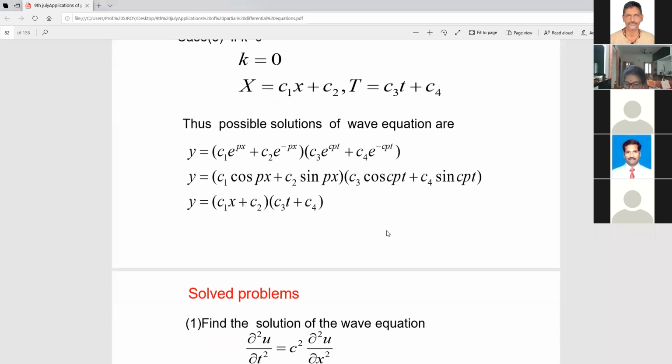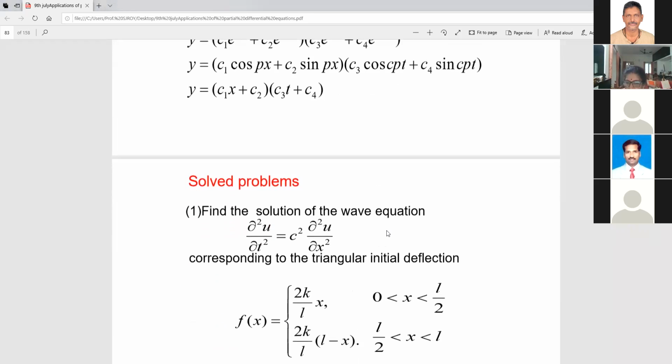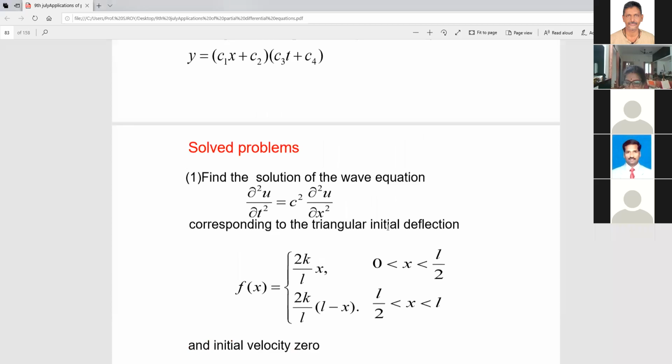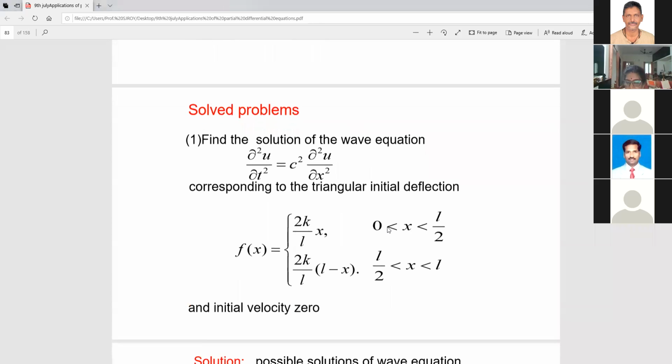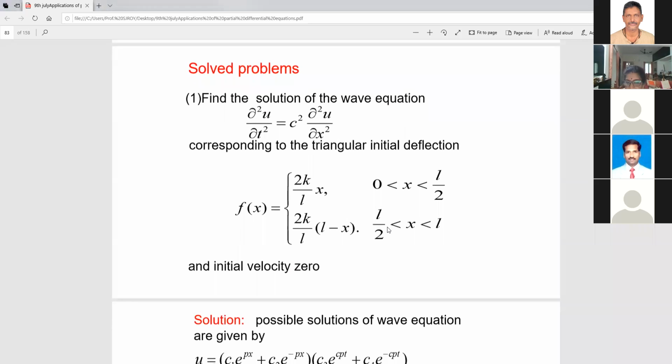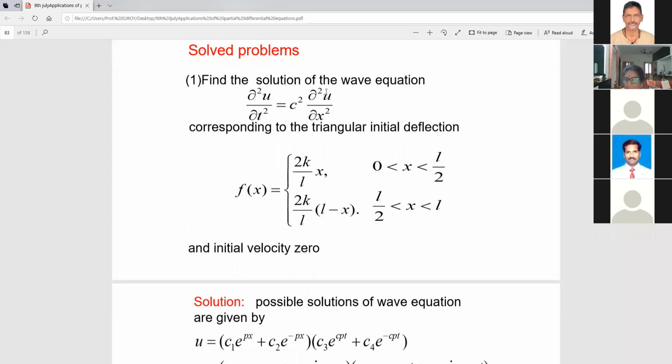Okay, so I have given the problems and all. One problem, let me show you, then we'll go for the next, the heat equation. You are finding the solution for this. An equation is given for you, and they have given some triangular deflection for you. The initial velocity is 0. Here they made the initial velocity 0.